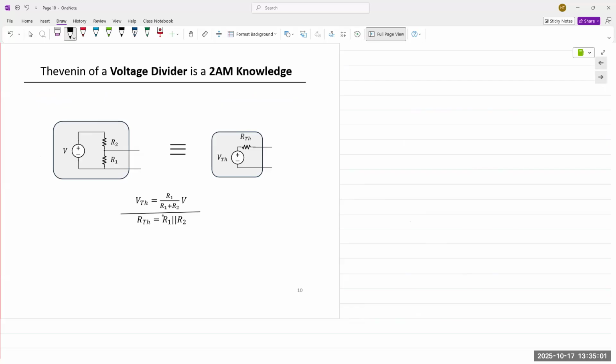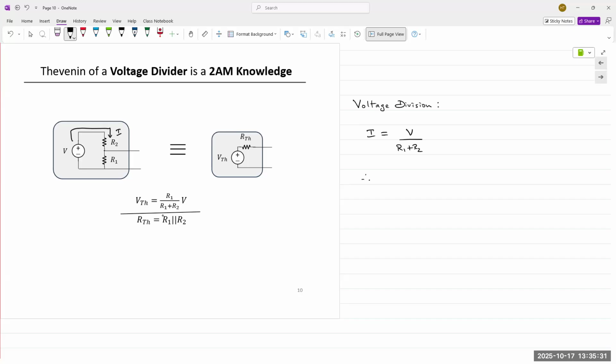we can apply a technique known as voltage division. Voltage division is derived from Ohm's law. We know that the current flowing through this circuit would be I. I is V over R1 plus R2.